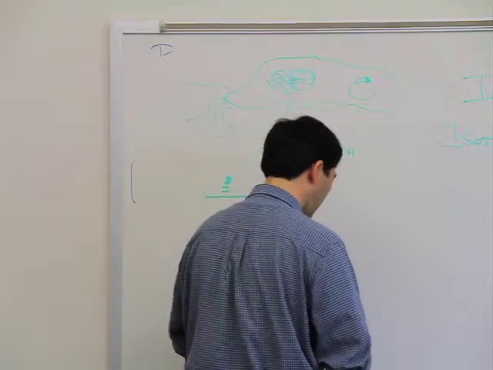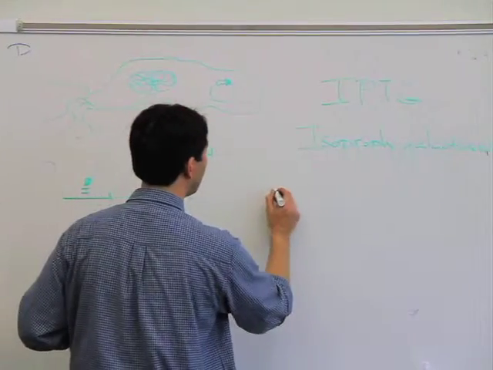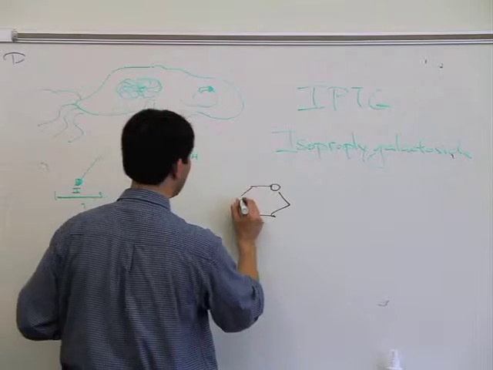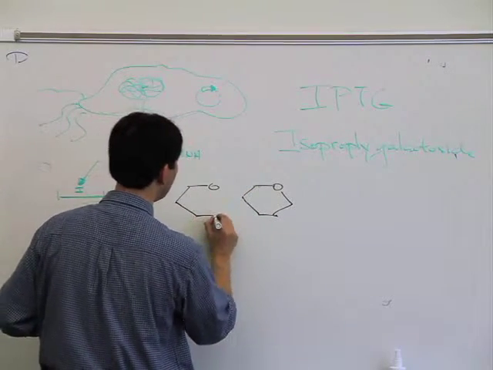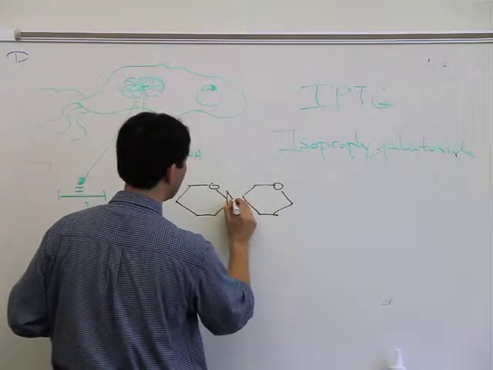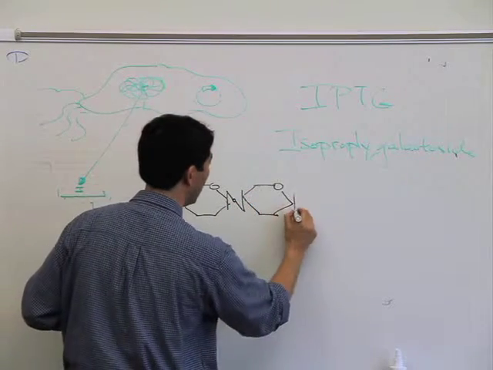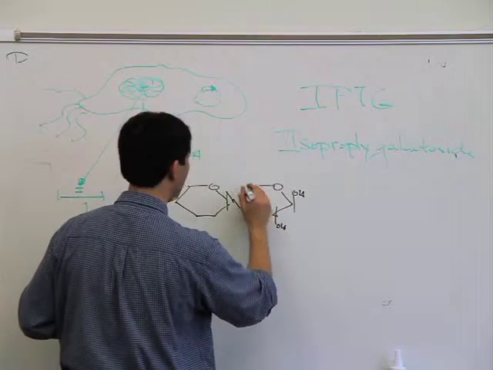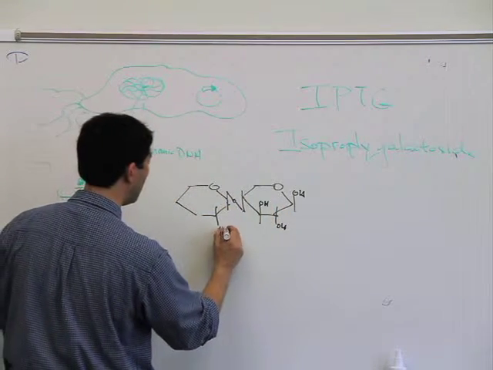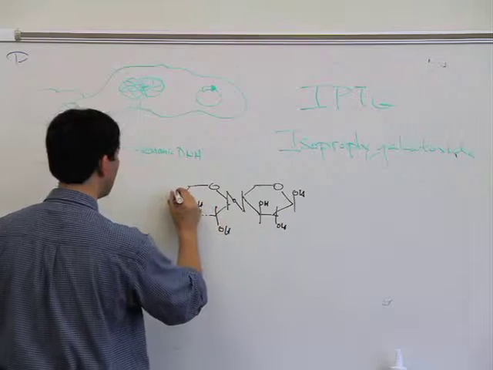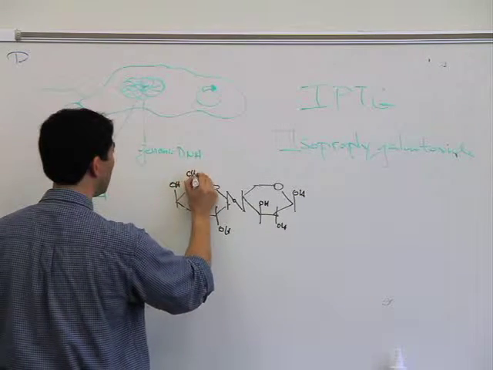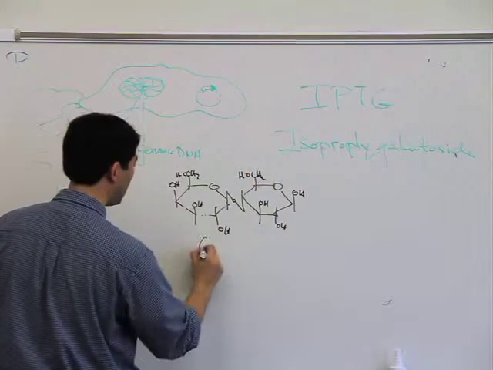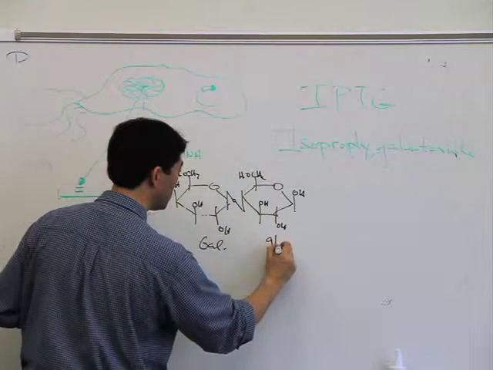So just to give you a reminder of how this may look, here's lactose again. Let me draw this out. So it's 2 sugar molecules together. This is bound. And so here's galactose, and glucose together.